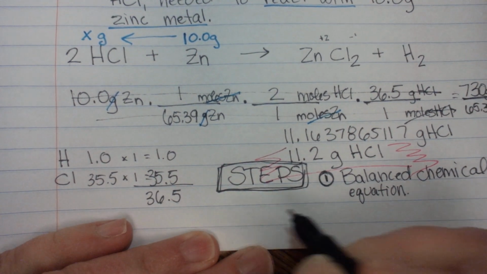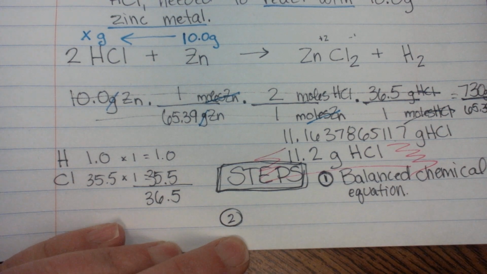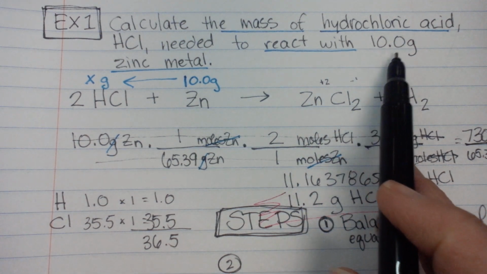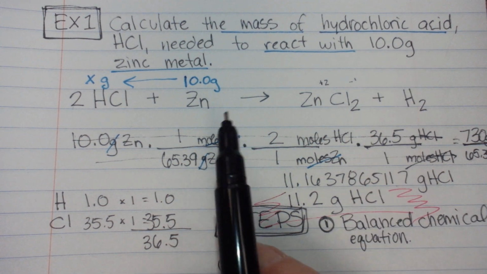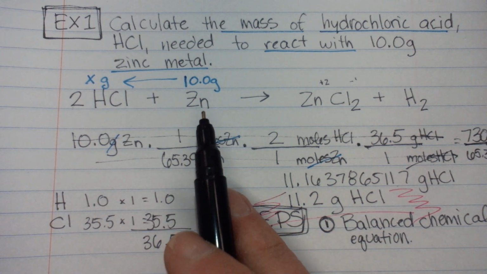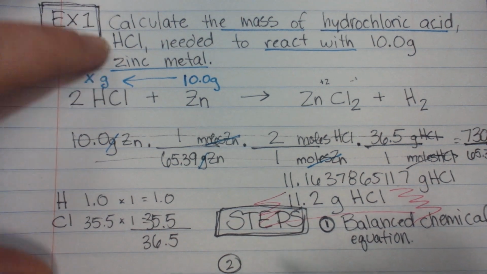What's the second step? We'll come over here. We had to go back to our problem, find what we were given, and mark it on the equation. So we could call that label the equation with what you're given.